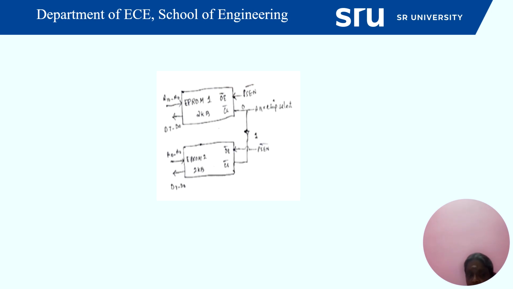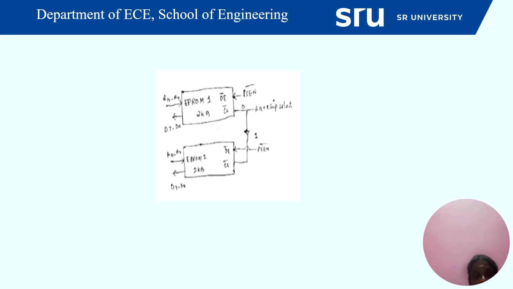If it is inverted, then it becomes 1, and that 1 is given to the second ROM. That is what we have seen in the design table. 0, 0, two zeros will be there, and one 0 will be taken out. In the same way, 1 1, two ones will be there, and one 1 will be taken for the chip select.